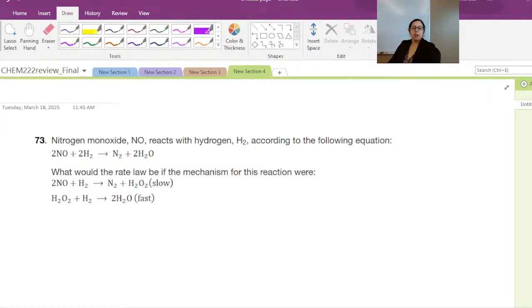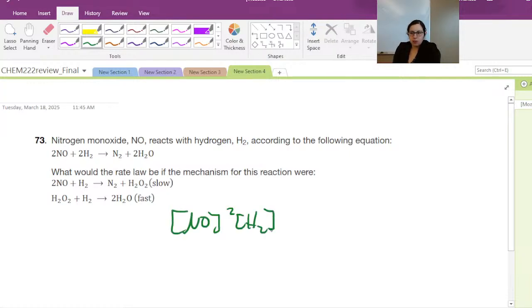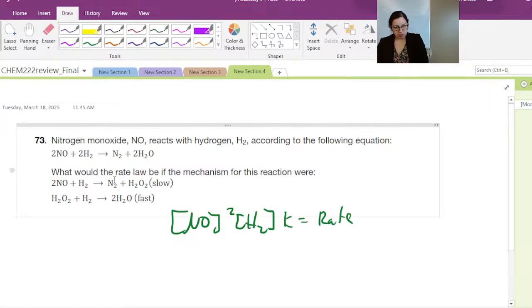So what's our rate law for this one based off of our mechanism here? So NO squared times H2, so exactly, times K equals our rate. So does that make sense, right?